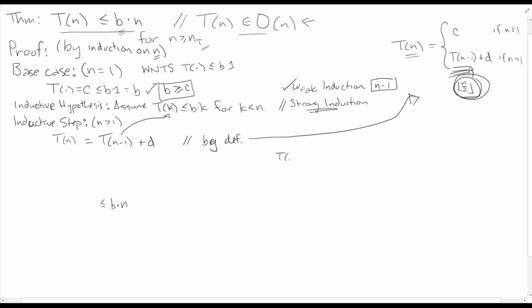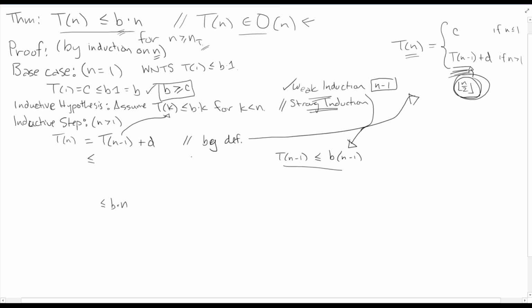We'll get t of n minus 1 is less than or equal to b times n minus 1. Interestingly, this would be exactly the inductive hypothesis we would have gotten if we had just done weak induction to start out instead. Now we're going to use that. Notice we have this t of n minus 1 term here, so we can use that to replace it, get rid of it.